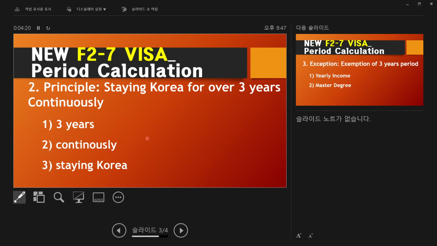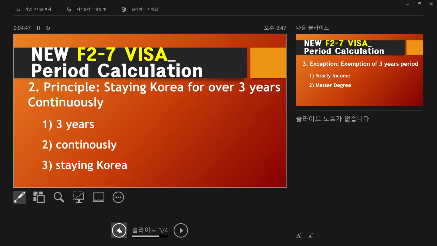If you combine all together, you are staying 3 years with the E7, but it is not continuous. The continuity is based on your current visa, and it doesn't care about the previous visa type.